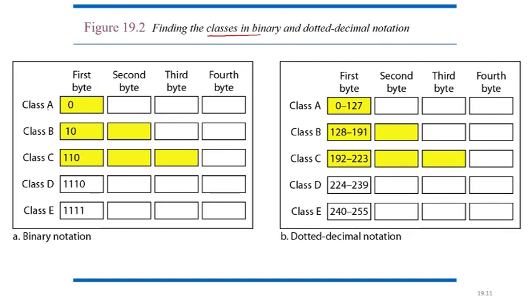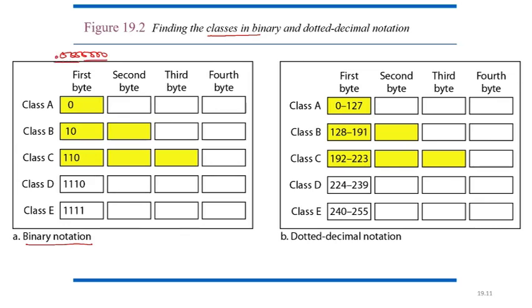So here is class A addressing. First of all, IPv4 is 4 bytes: first byte, second, third, and fourth. For all class A addresses in binary notation, the first bit of the first byte is fixed. In 1 byte, 8 bits are there, 4 and then 4.